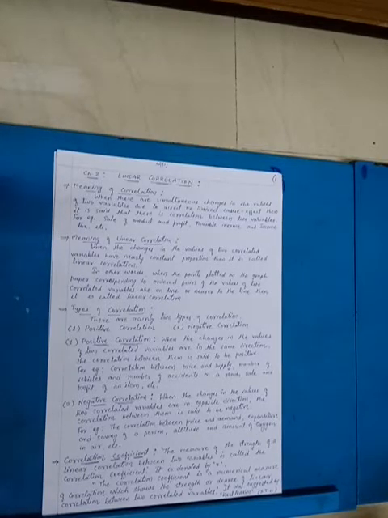univariate data. Now over here we need to set a relationship. For that purpose we need two variables, like the income and savings of a family, height and weight of a student, or the number of hours of reading and the marks of a student, right?